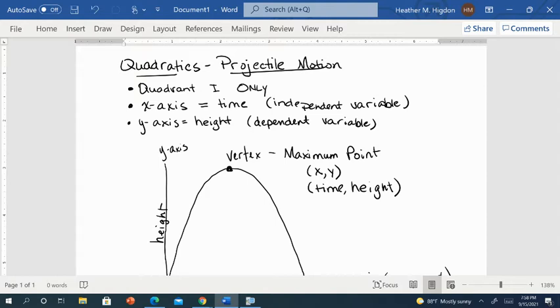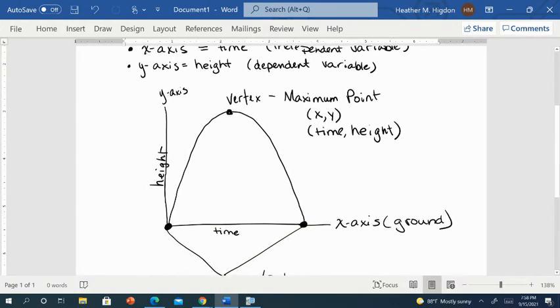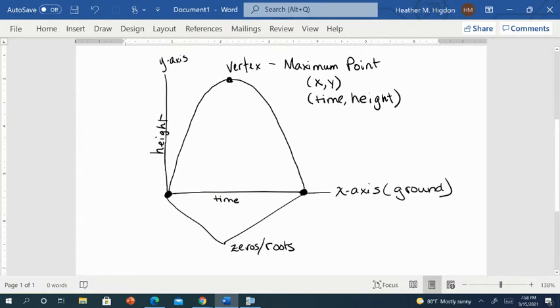The other thing that you need to know is that the x-axis is always going to be the time, which is also referred to as the independent variable. The y-axis is the height, which is the dependent variable. In this figure that I've drawn out here, this is just quadrant 1, and you can see the x-axis, which in these types of word problems is going to be like ground level.